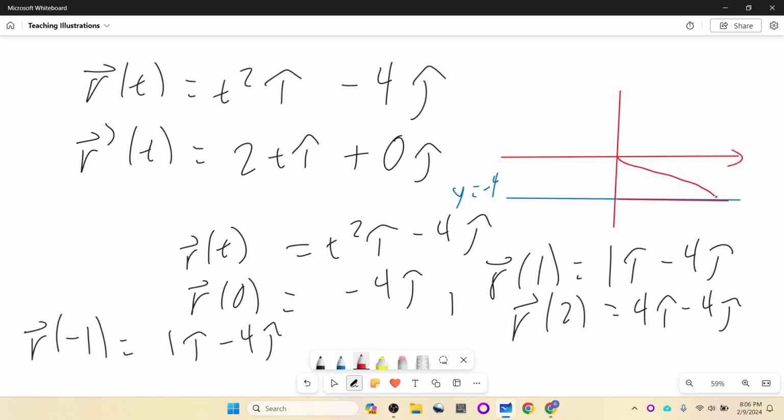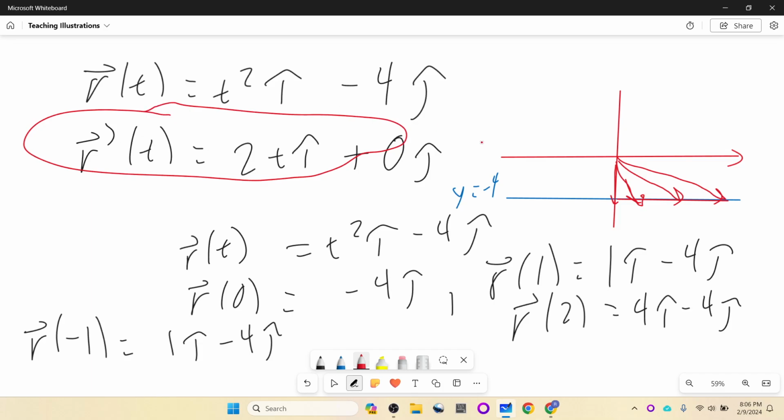So the position vectors would be here's 1, and then here, and straight down, and then back the way they came. The velocity is always change in position over time, so they would be horizontal vectors. r prime is 2ti, but with no y component, because the change is always left and right.